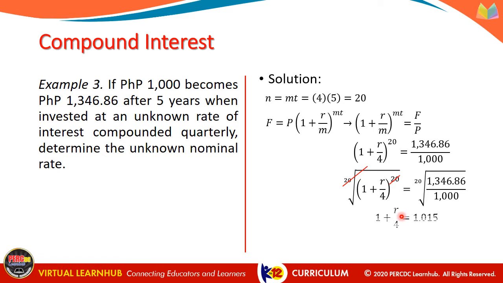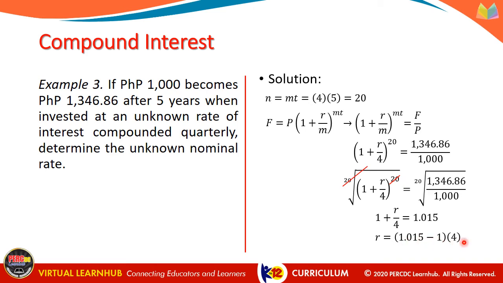And then simplifying, we will have 1 plus r over 4 is equal to 1.015. 1.015 is the 20th root of 1346.86 over 1000.